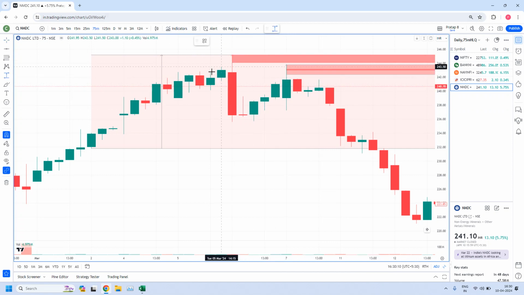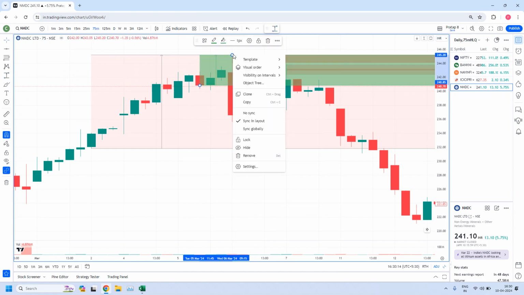Okay, this is the one, actually the 75 minute zone I deleted mistakenly. Let me draw. Where is the 75 minutes missing? That is what I am thinking.